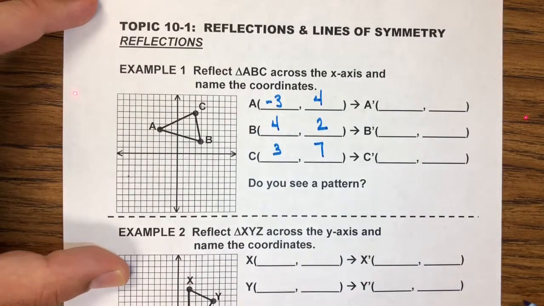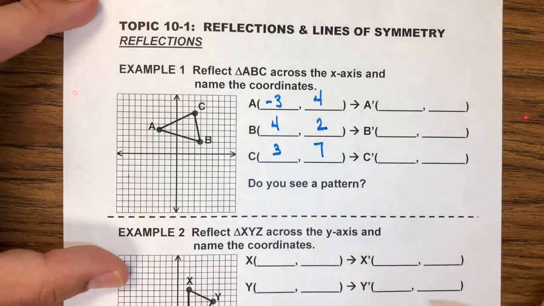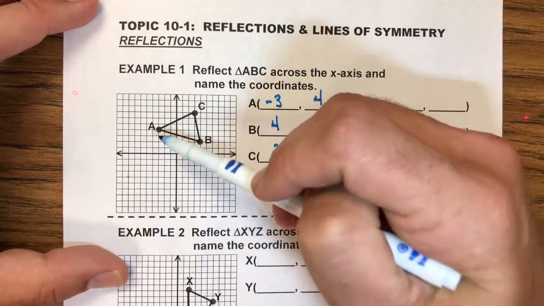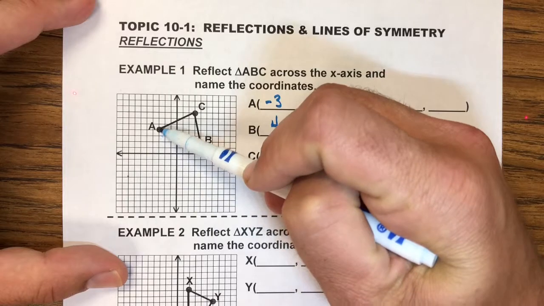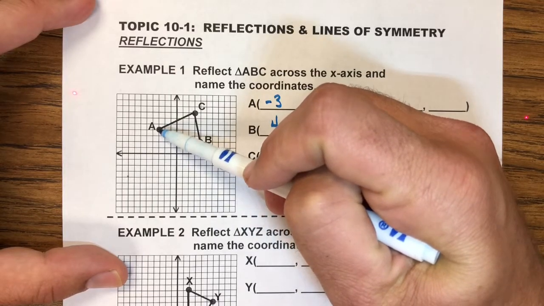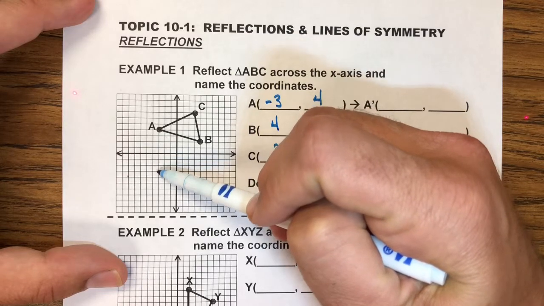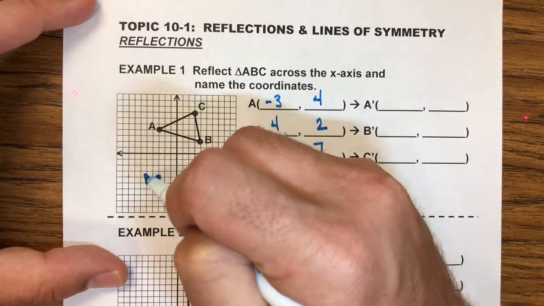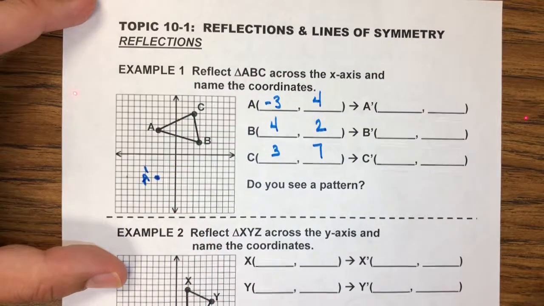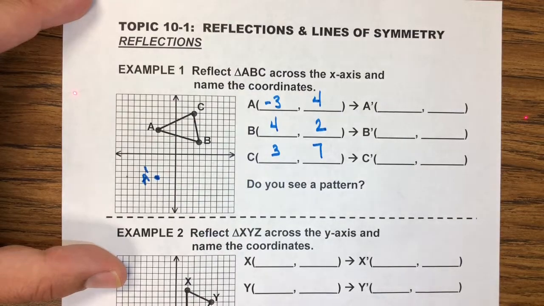Now, hopefully you could all do that without my help. Okay, but now we're going to reflect this image across the x-axis. So that just means that this A, which is 4 units above the x-axis, is going to reflect to 4 units below the x-axis. 1, 2, 3, 4. And that is A prime, and the prime just means it's a new A. That's the second image.